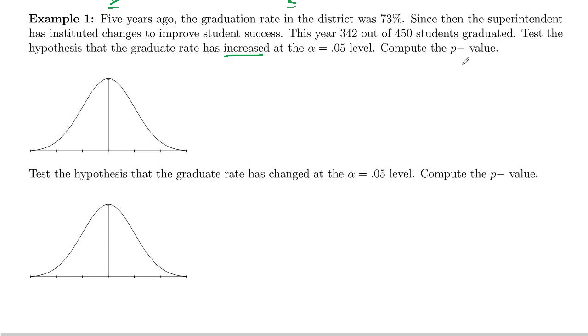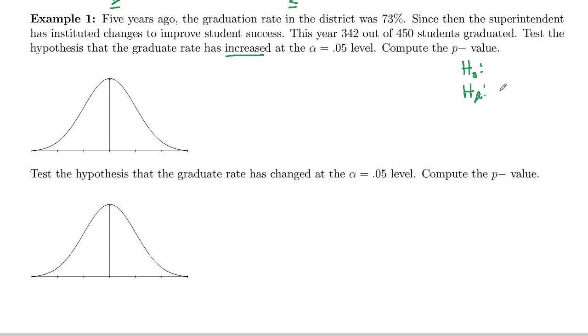So this is an example we looked at before, remember our H0 and HA here. We wanted to show that the graduation rate increased, so that would be p greater than 0.73, and then your null would be p, the proportion graduated, less than or equal to 0.73.